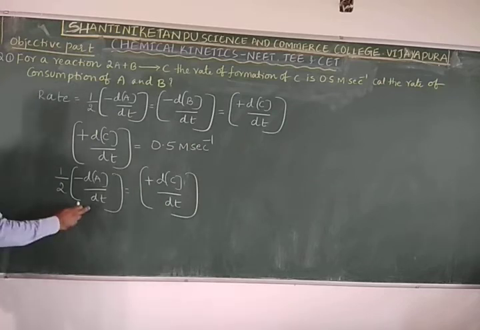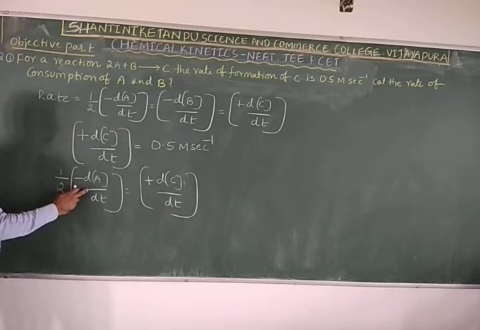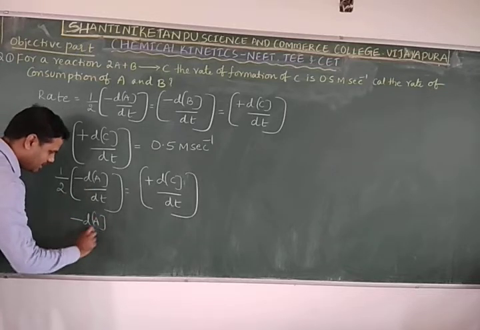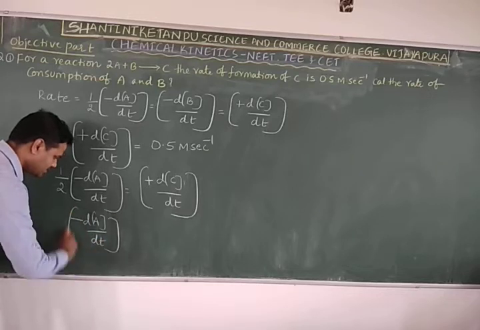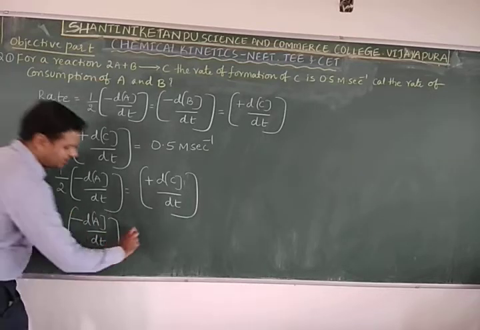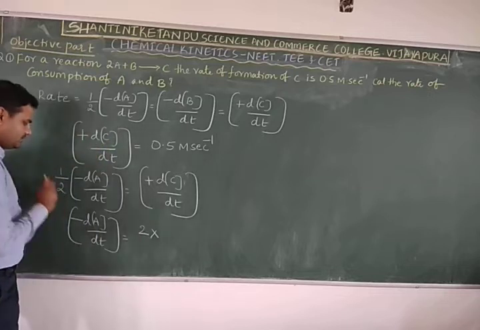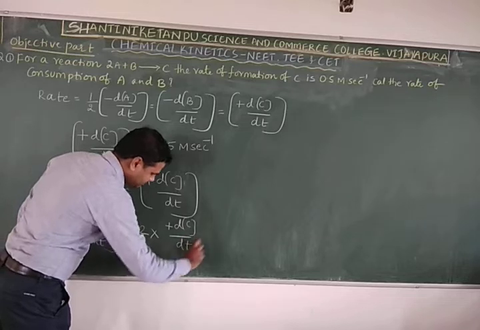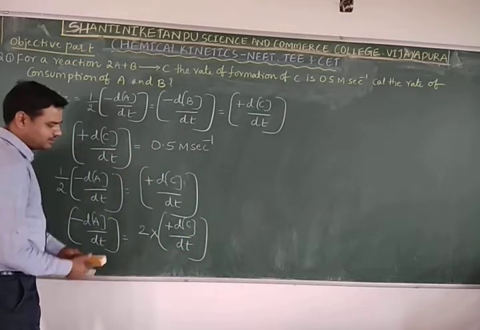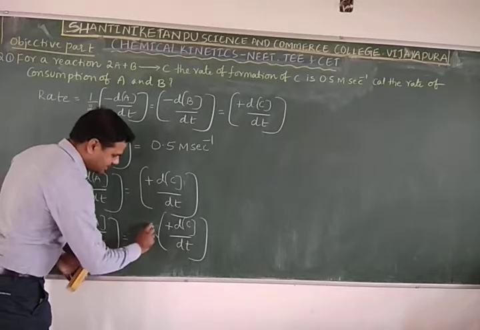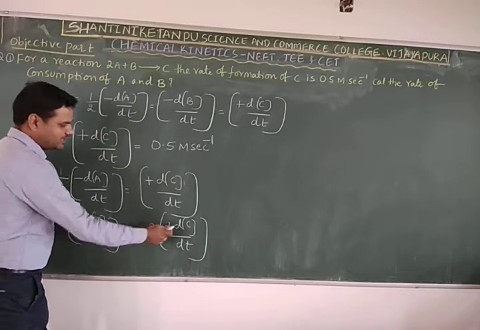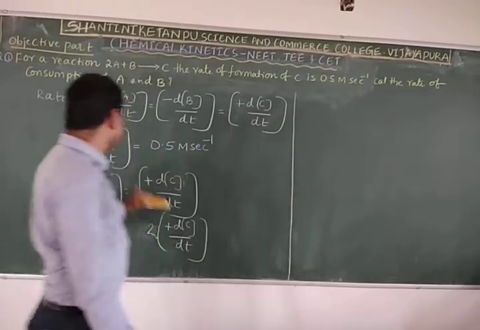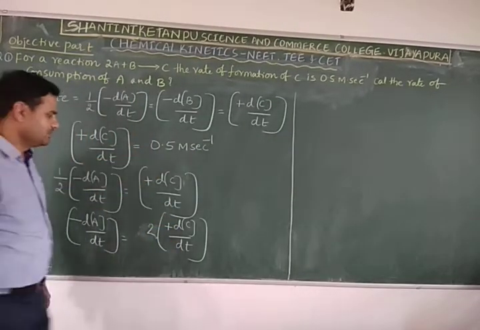Now, the question asks for the rate of consumption of A. Therefore, minus dA by dt is equal to 2 into plus dC by dt. Here plus dC by dt means the rate of formation of C, which is already given in the question as 0.5.